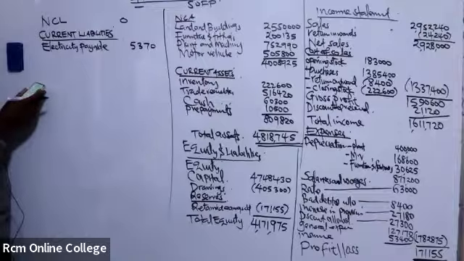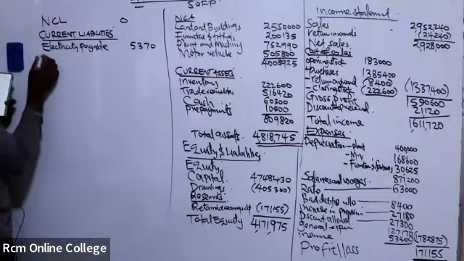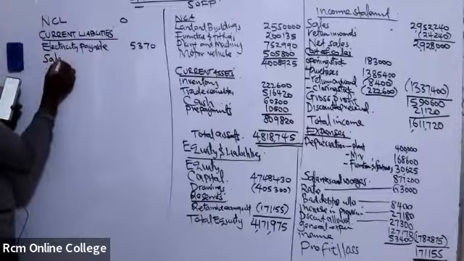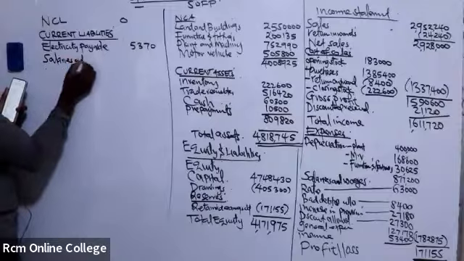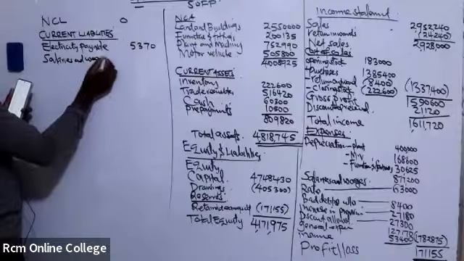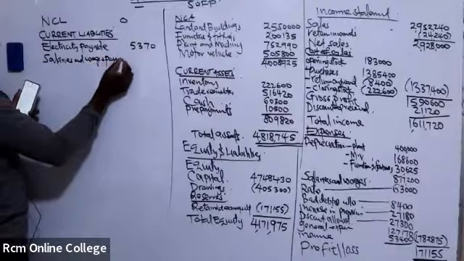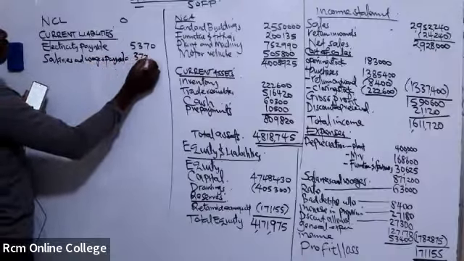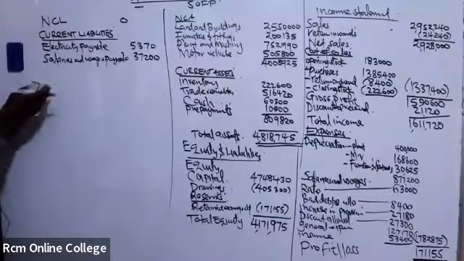Then we also add some accruals there. Wages and salaries, no, but we have outstanding wages. The salaries and wages payable, 37,200. All right, good. Any of that you're leaving out there?